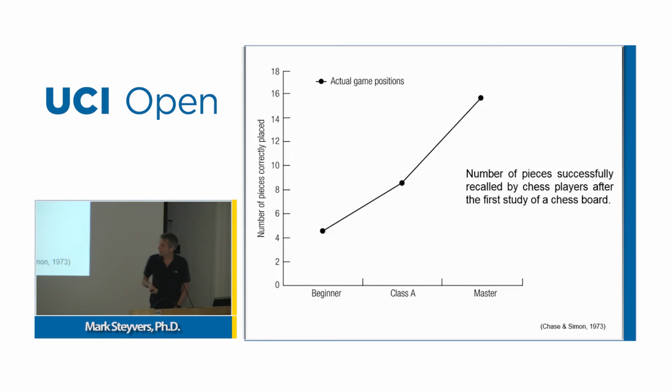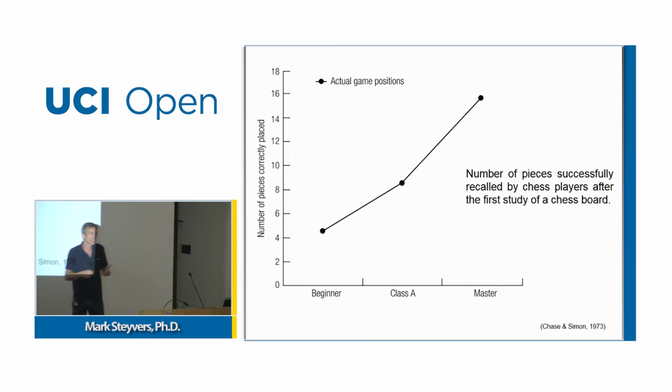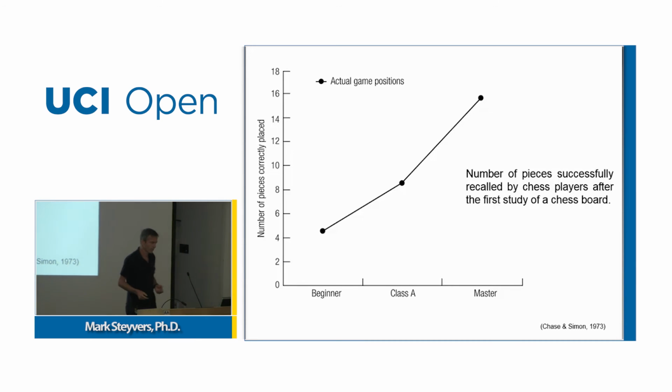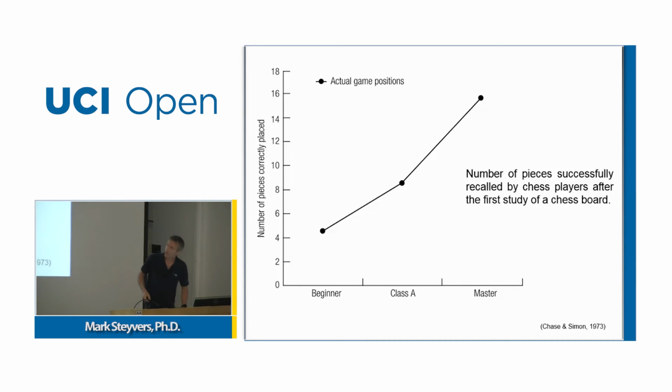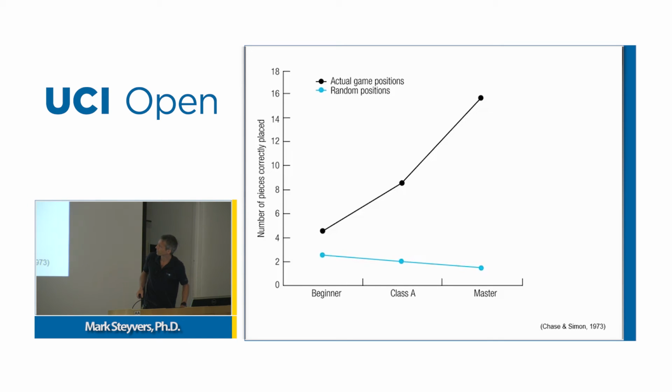Now, the finding is that people that play chess a lot are more able to remember these chess pieces than, let's say, beginners, most of us. And that raises the question whether these chess masters inherently have better memory or not. Is there something special about their brain, let's say? And as it turns out, they don't have special memory abilities at all.